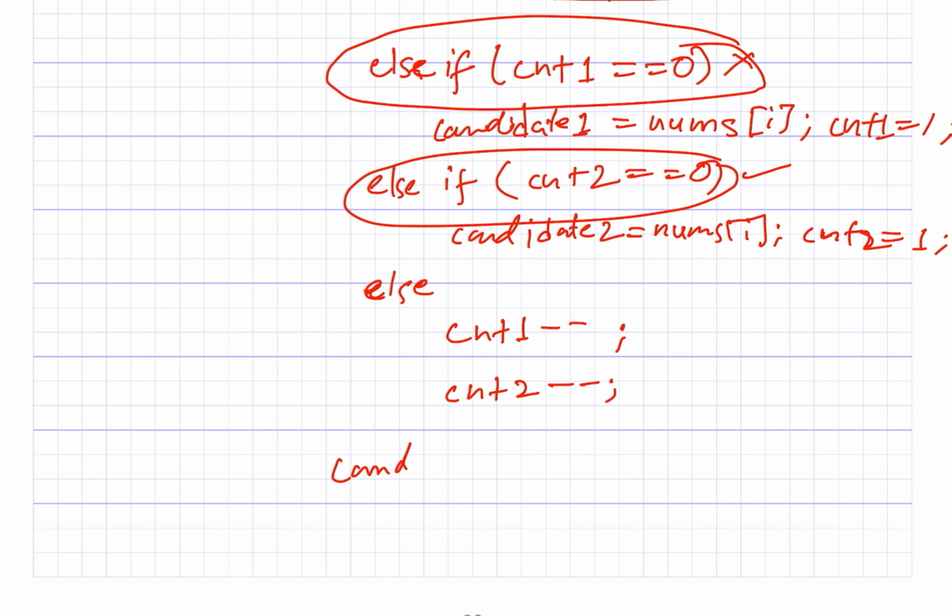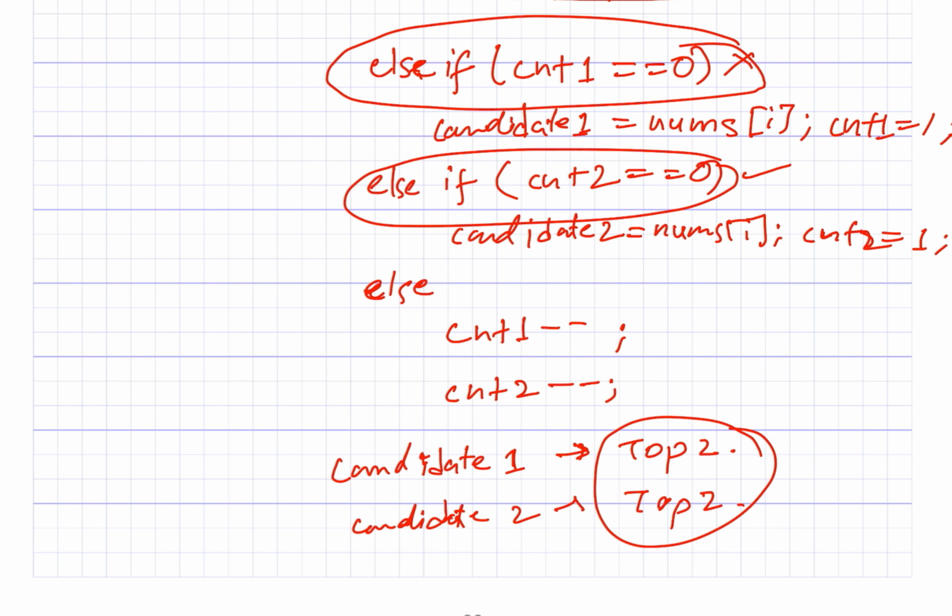In candidate 1, we will have one of the elements that is appearing in top 2. Similarly in candidate 2 we will have an element in top 2.